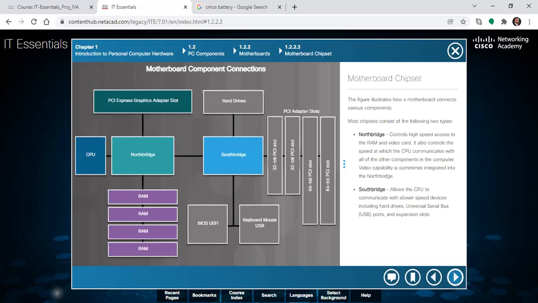We have the north bridge, we have the CPU, we have the hard drive, you have the south bridge, okay? Then you have the adapters, those are the expansion slots. You have the 32-bit PCI slot, another 32-bit PCI slot, a 64-bit PCI, another 64-bit. Then you have the keyboard, you have the BIOS UEFI, and you have the RAM. This is the architecture of the motherboard. This is the connection of the motherboard.